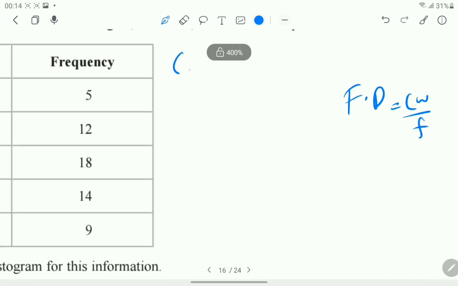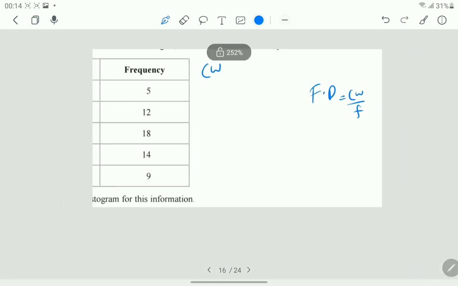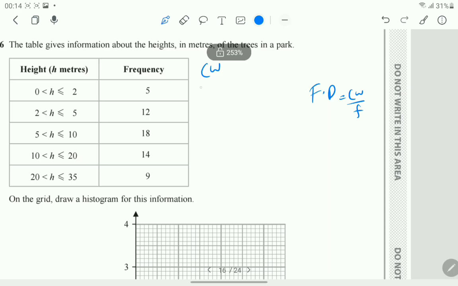So make a separate table for class width, and class width is basically the answer you get from subtracting these two. So it's 2, 3, 5, 10 and 15.